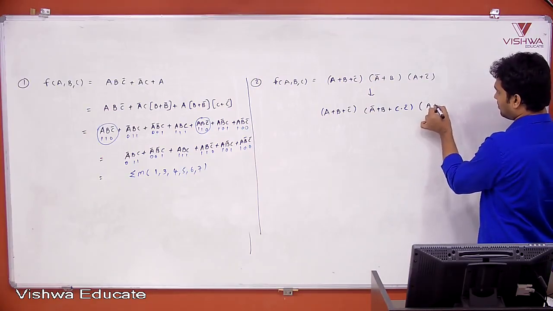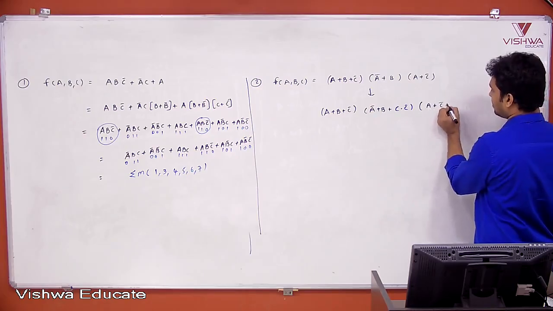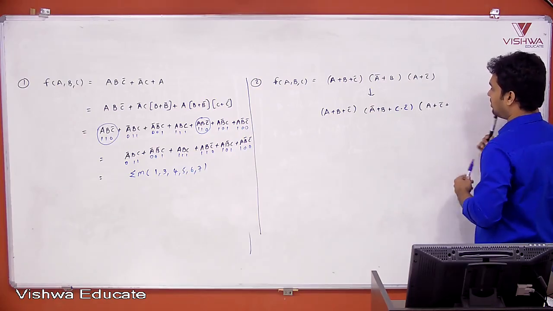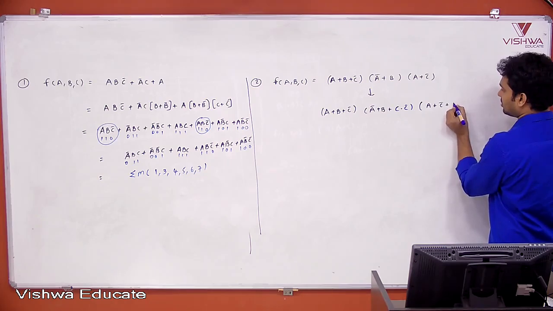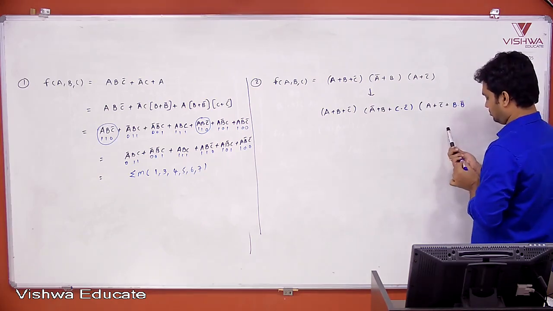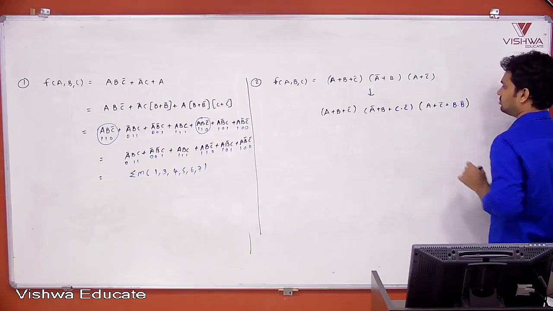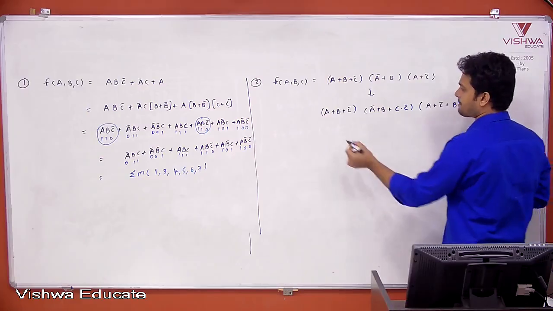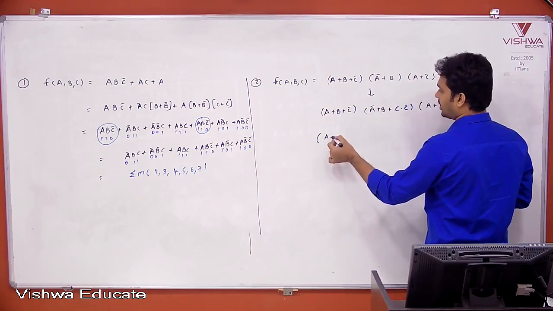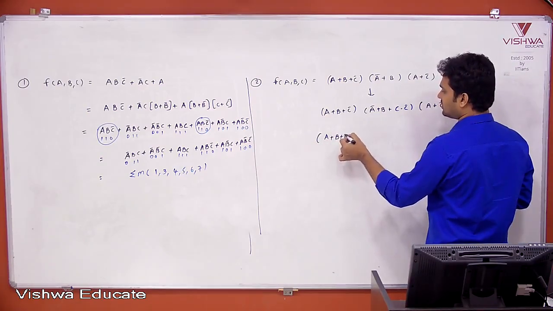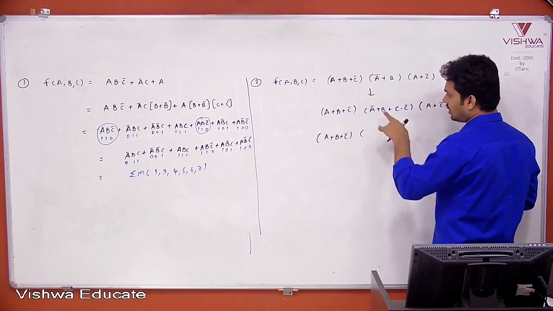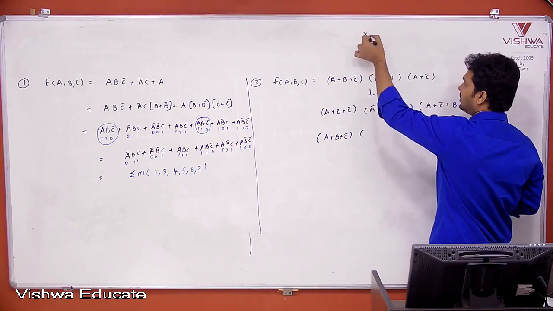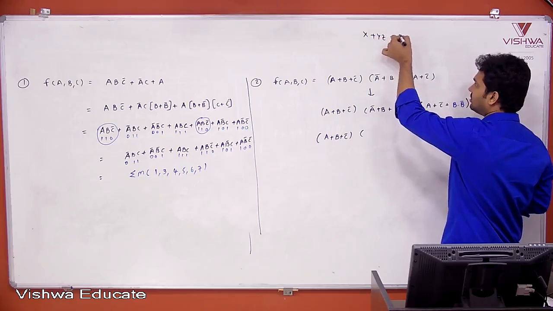A bar, A plus C bar. What is missing here? B is missing. So B into B bar. B into B bar is how much? 0. So here A plus B plus C bar. You know the distributive property. What is X plus YZ?